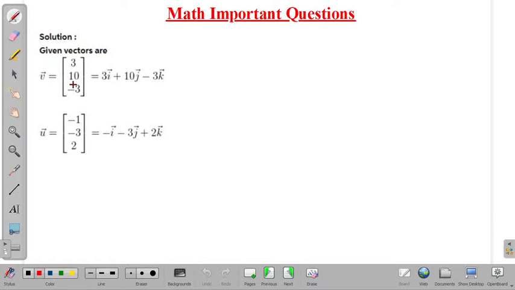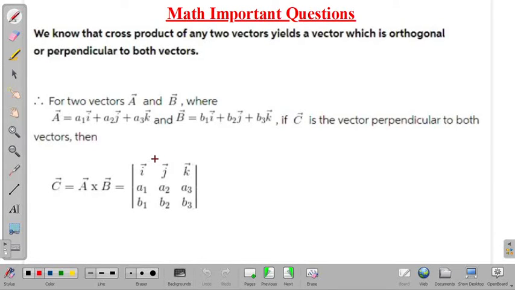Okay, so if we take the cross product of two vectors, then we will get a vector which is orthogonal, or we can say perpendicular, to both vectors. So suppose there are two vectors, vector a and vector b.